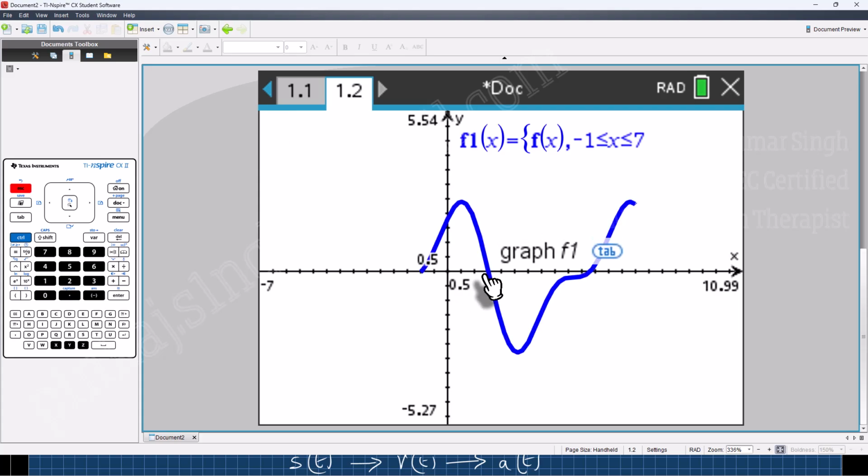Now, a couple of pointers. I needed the graph only till 6, so I'm going to draw another equation over here.